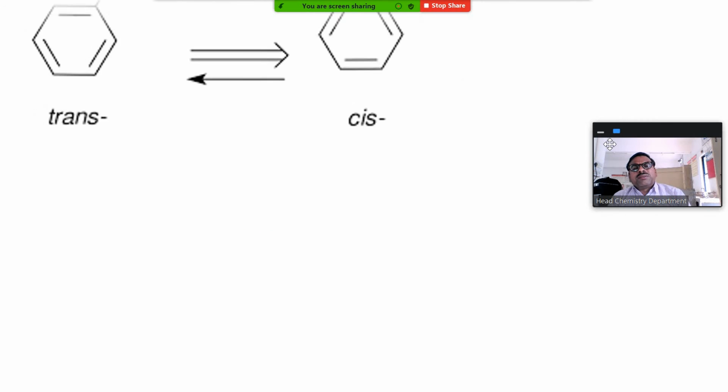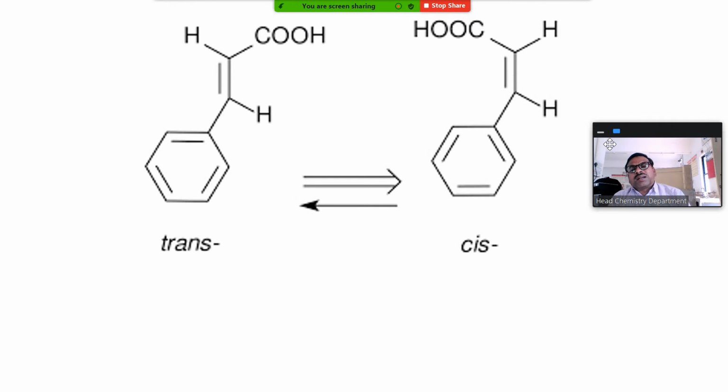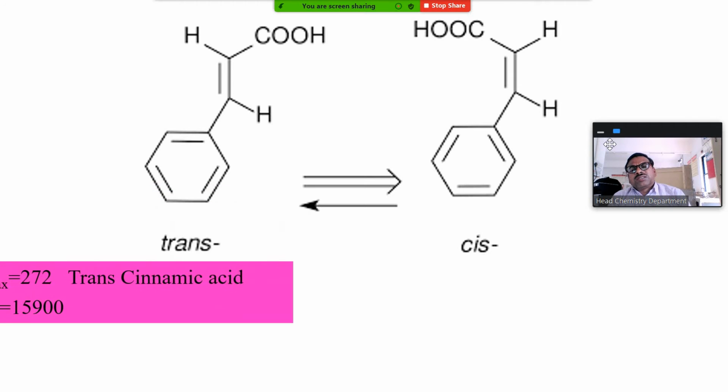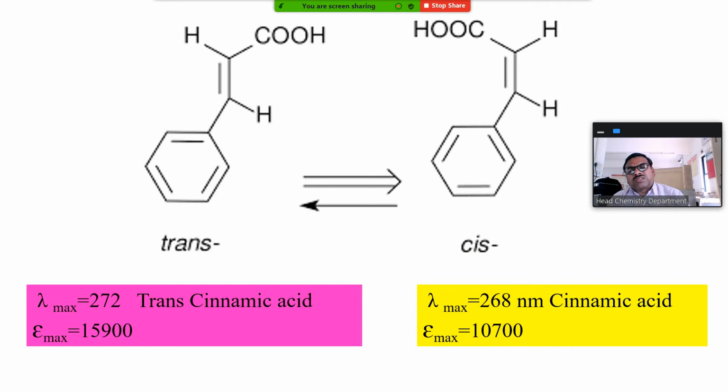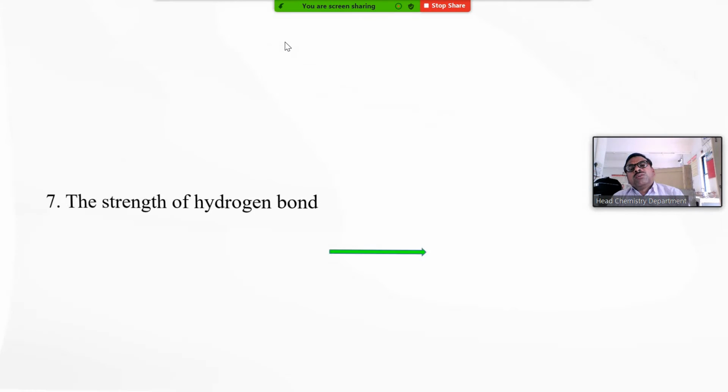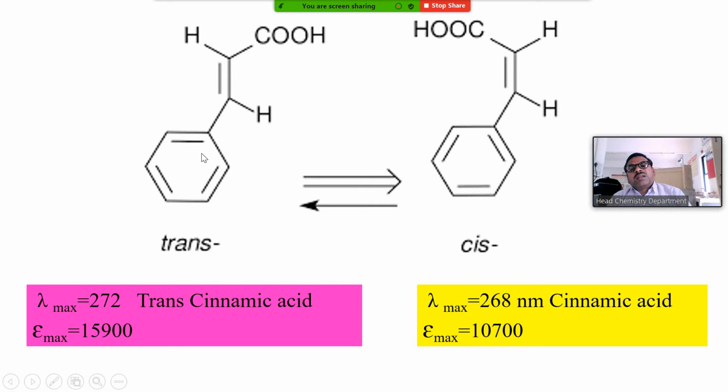Look at this. This is again a very interesting application. You can take another example: cis cinnamic acid and trans cinnamic acid. In trans cinnamic acid, two hydrogens are present on opposite sides of the carbon-carbon double bond, and the carbonyl group and the phenyl ring are also present on opposite sides. The COOH group and the phenyl group have the higher priority and are considered the same priority groups.